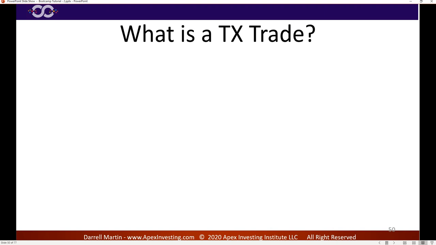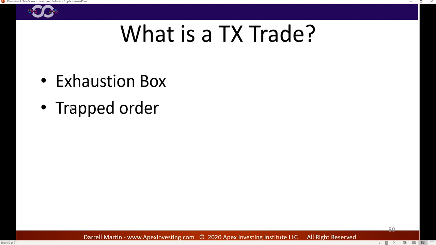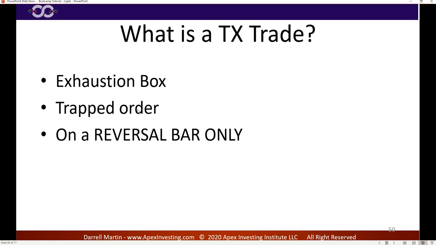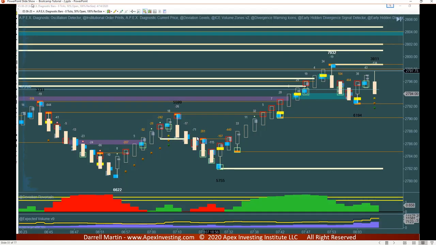Okay, good. So in general, what is a TX trade? It's an exhaustion box with trapped orders on a reversal bar only. Okay, so let's look here. What do we have right here? What is the red thing?